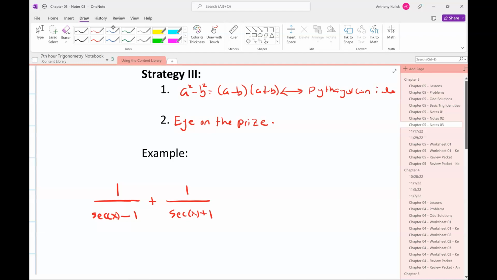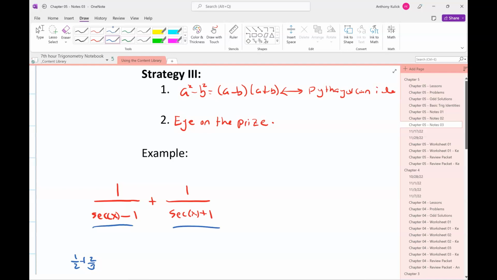Well, when I added 1/2 and 2/3, what was my common denominator then? 6. How did I get 6? 2 times 3, because 2 and 3 were relatively prime. They didn't have any factor in common to each other, right?